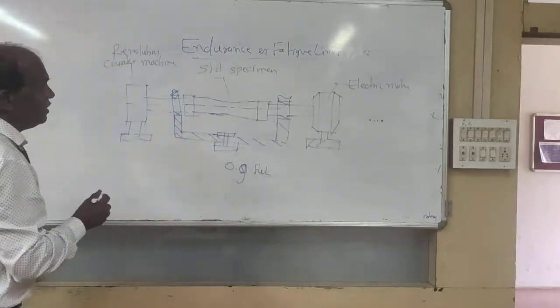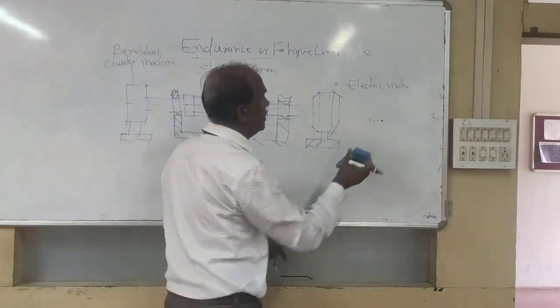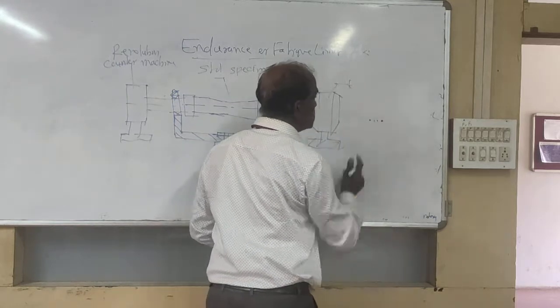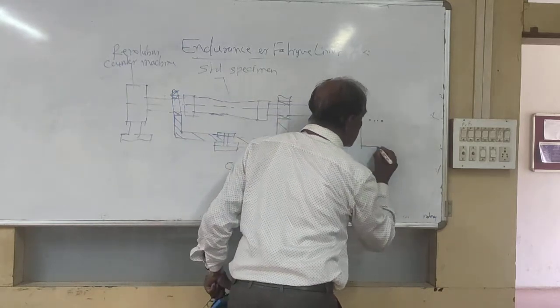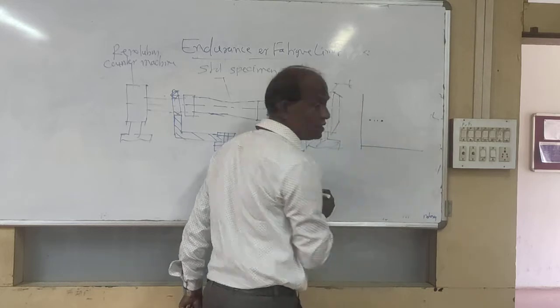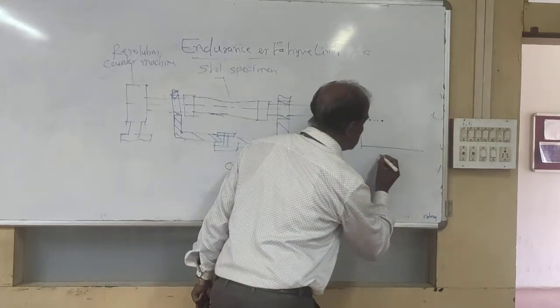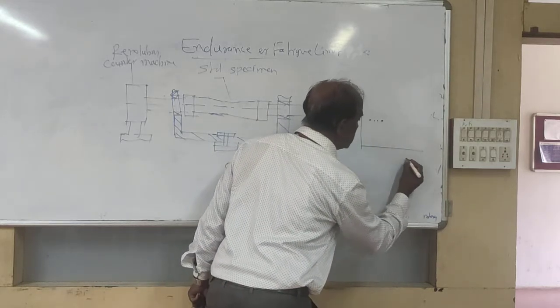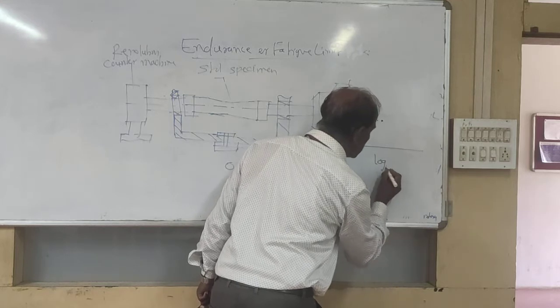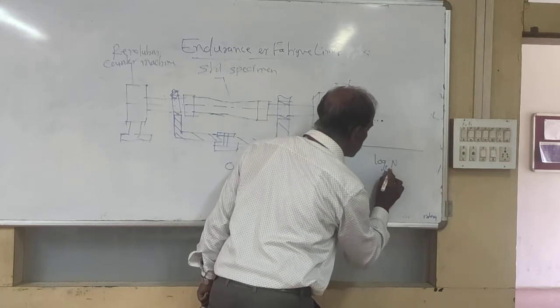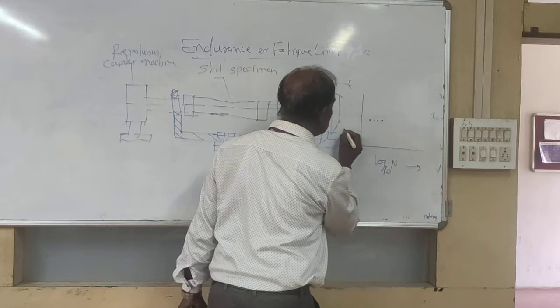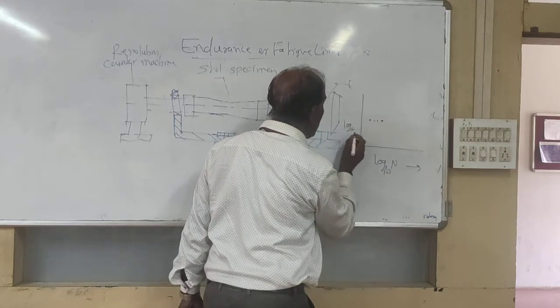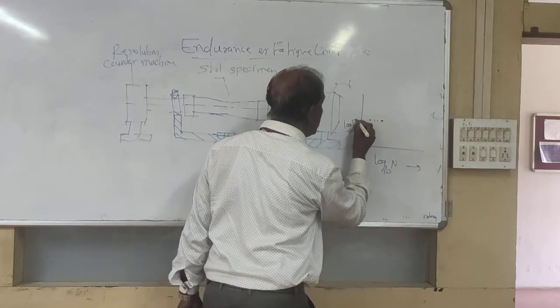So the SN curve will be like this here. This SN curve is on log paper. This axis is log to the base 10 of N, and this axis is log to the base 10 of the applied stress.